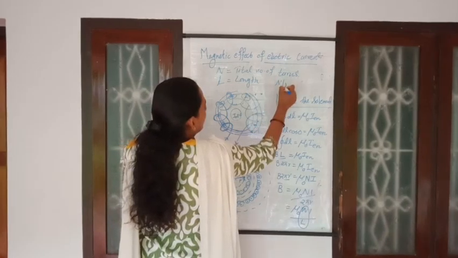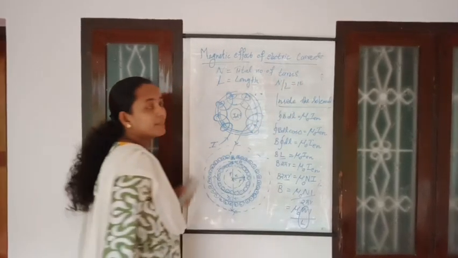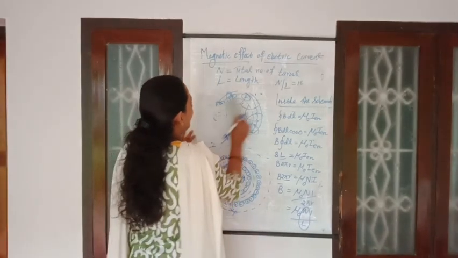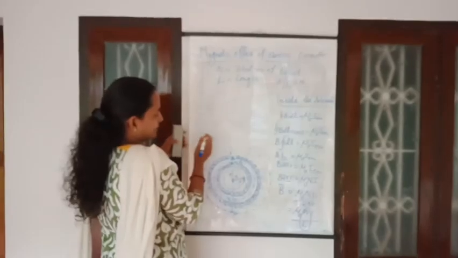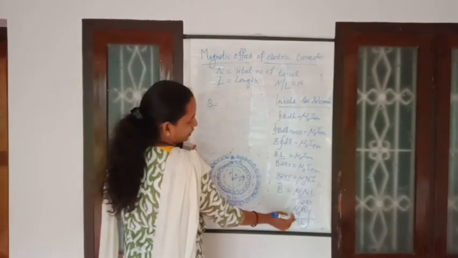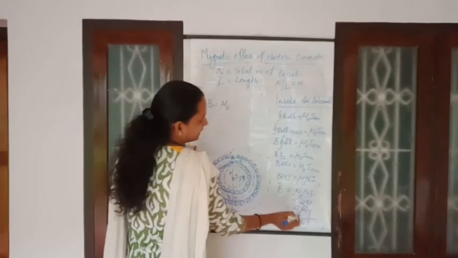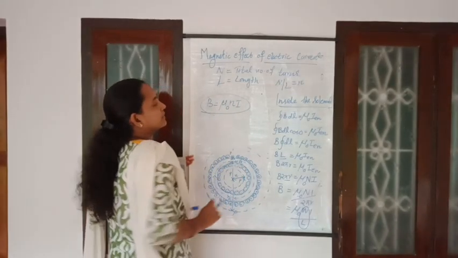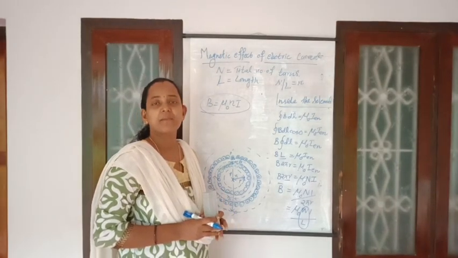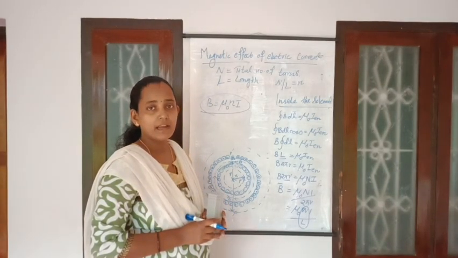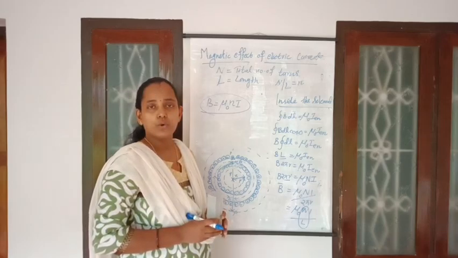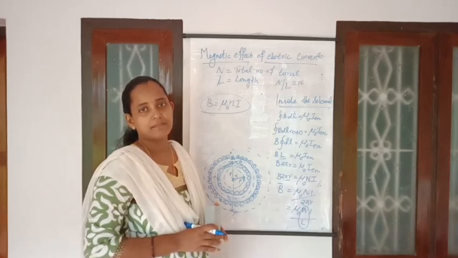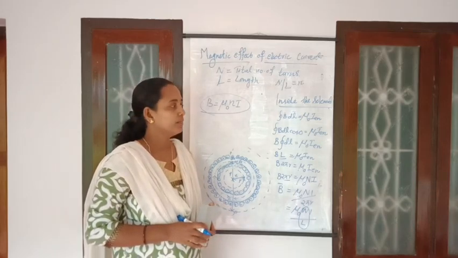Therefore, N by L is small n, the number of turns per unit length. Therefore, the final expression you can write is B is equal to mu 0 n I. This final expression is just the same as that of the magnetic field produced by a solenoid. So, a toroid is nothing but a solenoid itself, with a difference in the geometry. Okay, I hope it is clear.